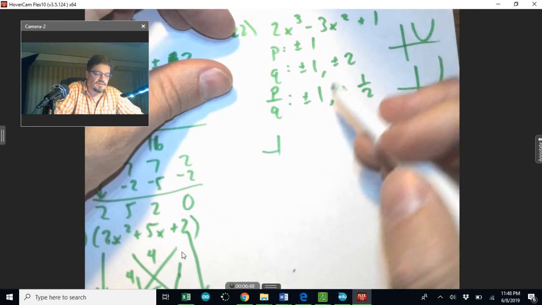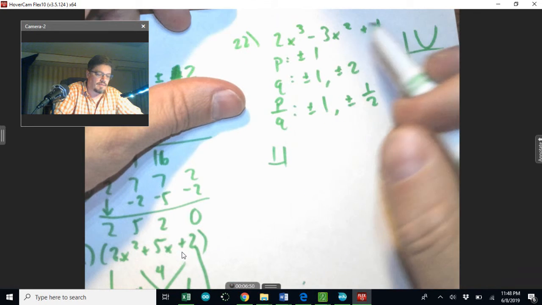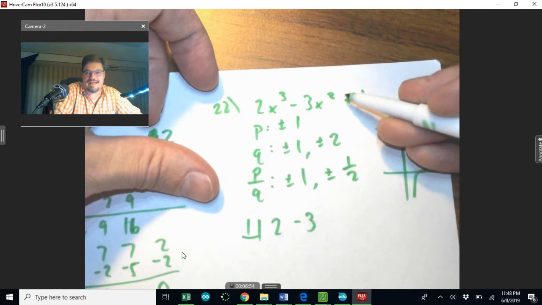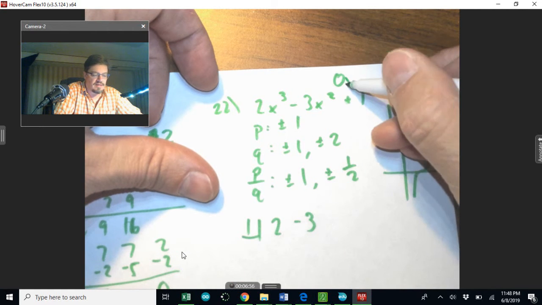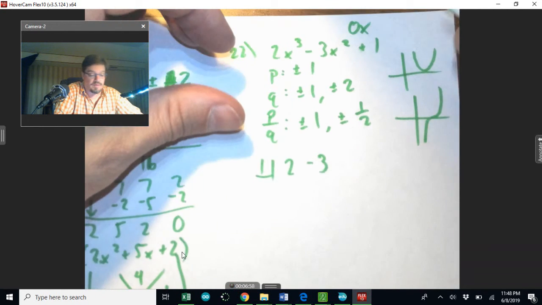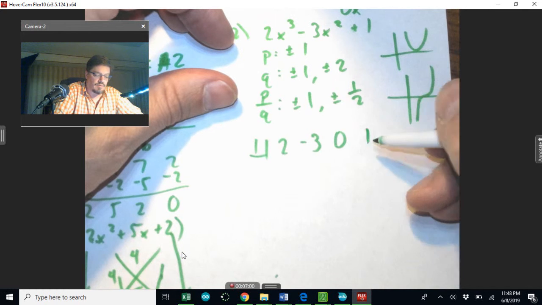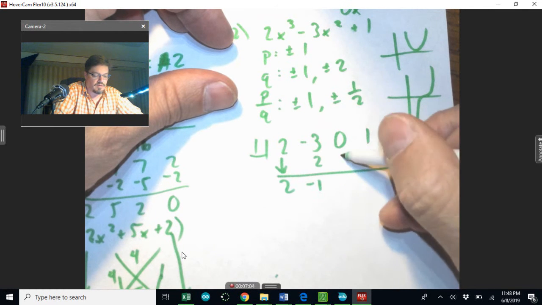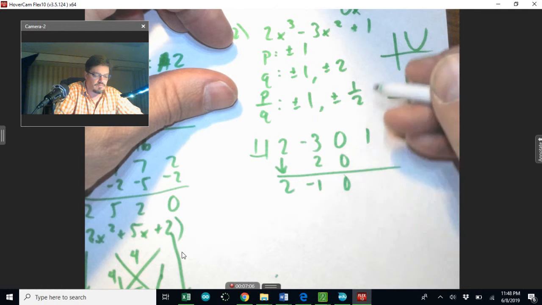We're going to go ahead and start with a positive 1. Okay, now I'm going to do 2, negative 3. Now I am missing an x here, so technically I do need to have a placeholder. So I will put a 0, then I'll put a 1, drop it, 2, that's 2, negative 1, 0, 0, nope, sorry.